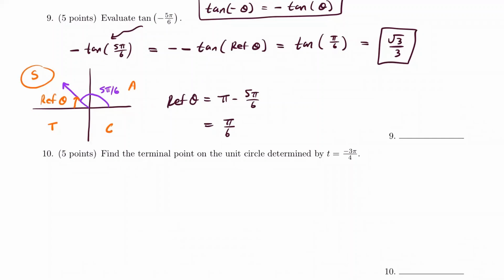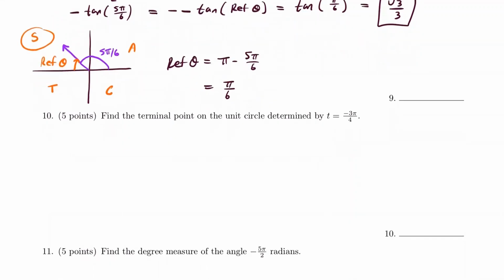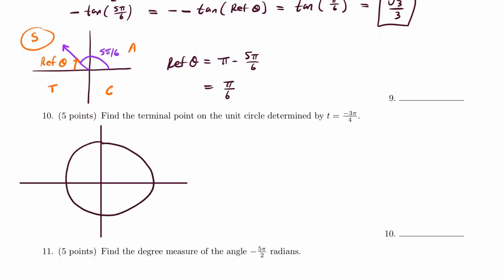All right, for number 10, we want to find the terminal point on the unit circle determined by this angle. Let's draw the unit circle. The unit circle is a circle centered at (0, 0) with radius 1. Let's suppose this is the unit circle, not drawn to perfection, but at least a circle. So negative 3π over 4. Negative means you're going clockwise from standard position, the positive x-axis.